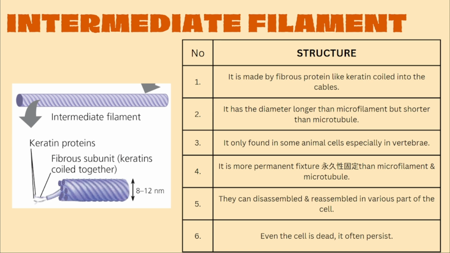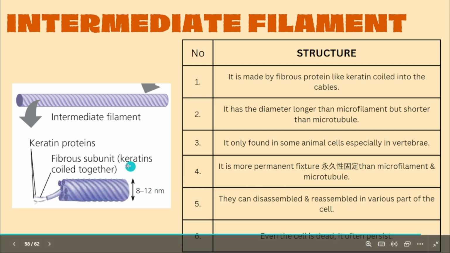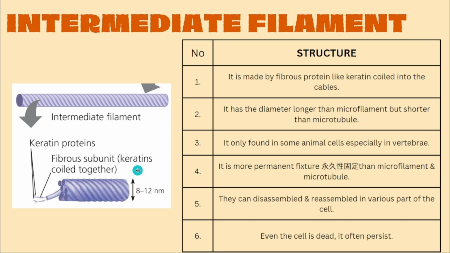So that is why, when people die, keratin, one of the keratins in our body is hair. Even though you have died, your hair normally is still maintained. Normally you see in the movie, even though you have been dead many days, or even several months, your hair still remains.